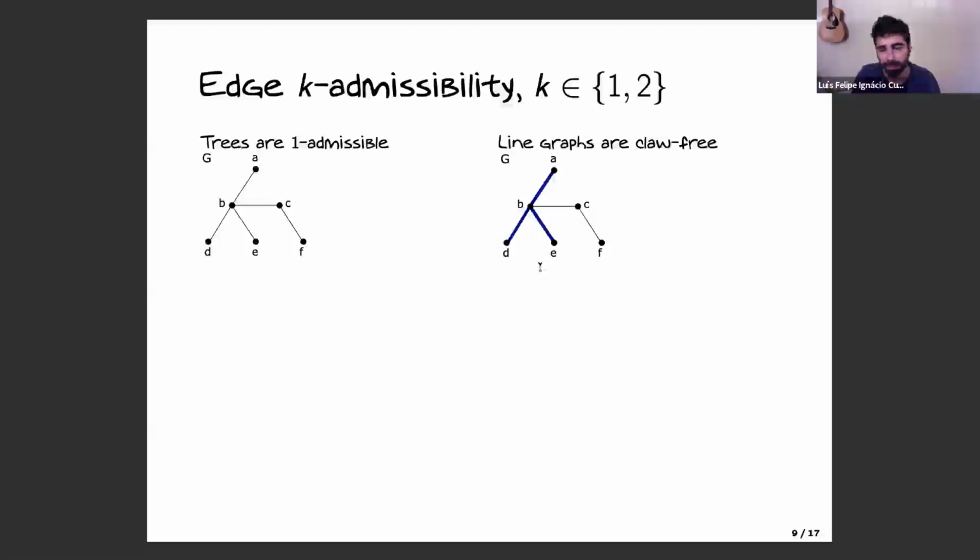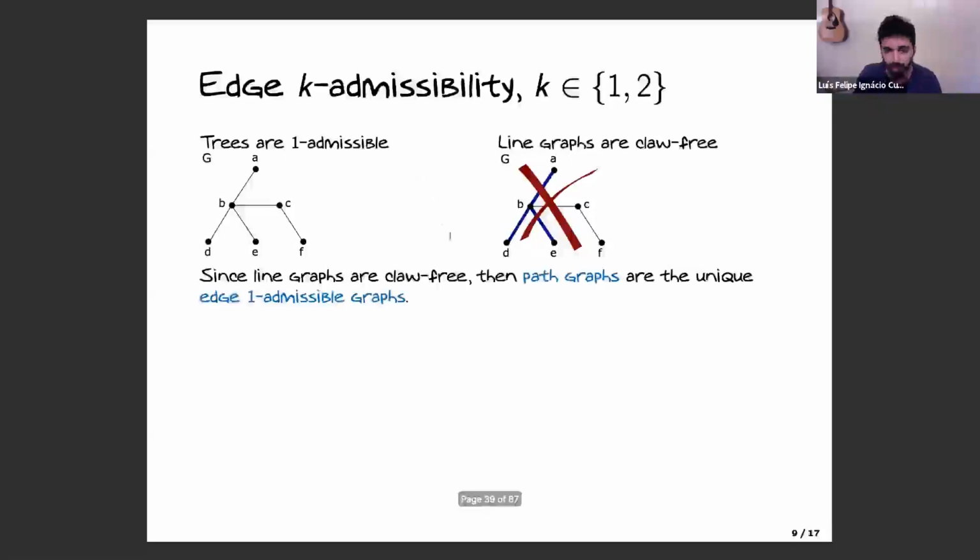Such a graph is not a line graph of any other graph, since it has a claw as an induced subgraph. So such a graph cannot be a line graph, since line graphs are claw-free. And we know that trees are the unique one admissible graphs, so path graphs are the unique edge one admissible graphs.